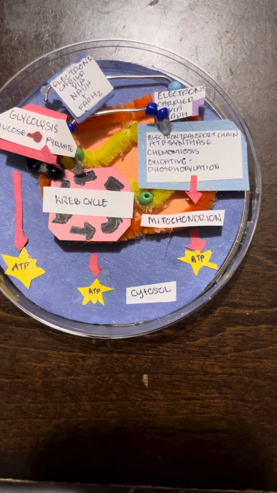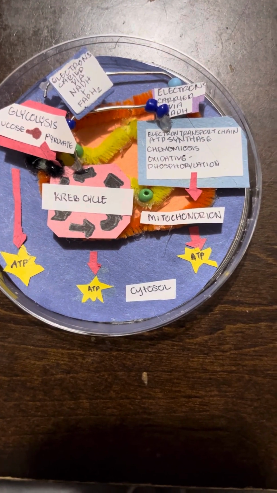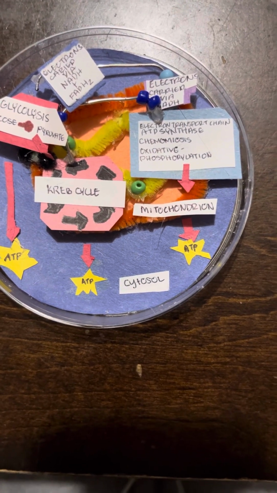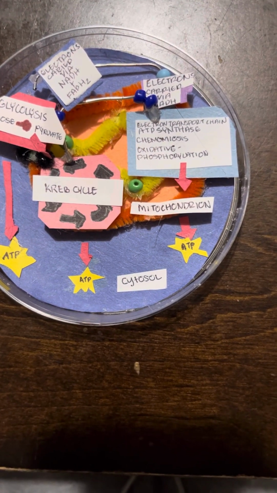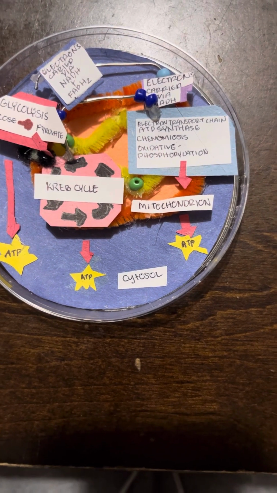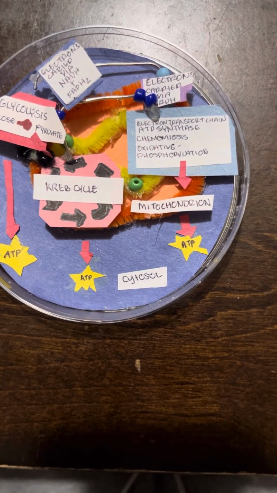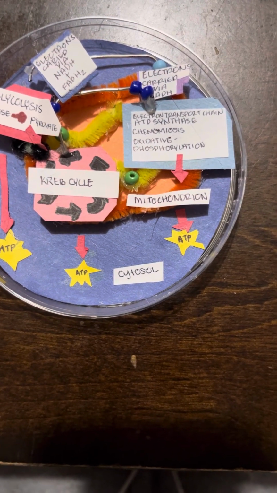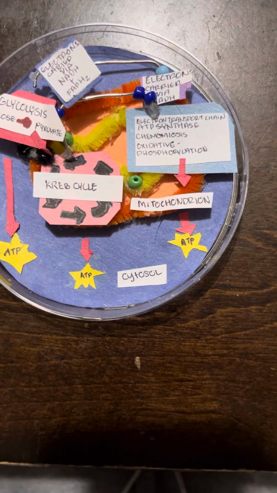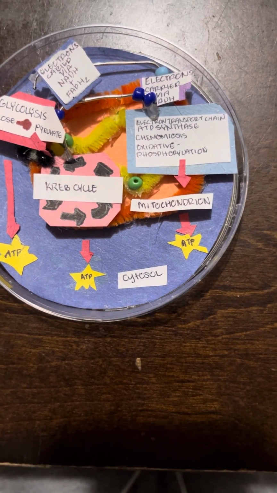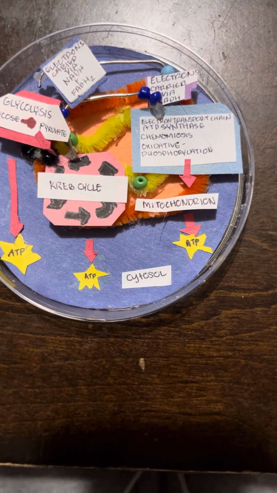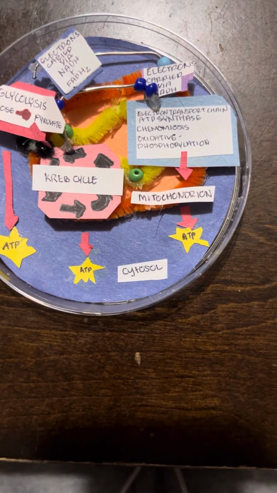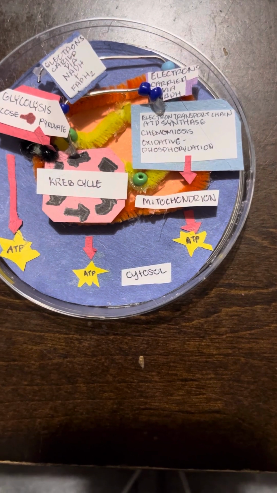The electrons transferred from NADH and FADH2 are used to create a proton gradient, in which protons are pumped into the intermembrane space and then travel to ATP synthase, which makes ATP by adding phosphate to ADP, or adenosine diphosphate. Chemiosmosis is when protons travel down their electrochemical gradient through ATP synthase, which makes ATP.